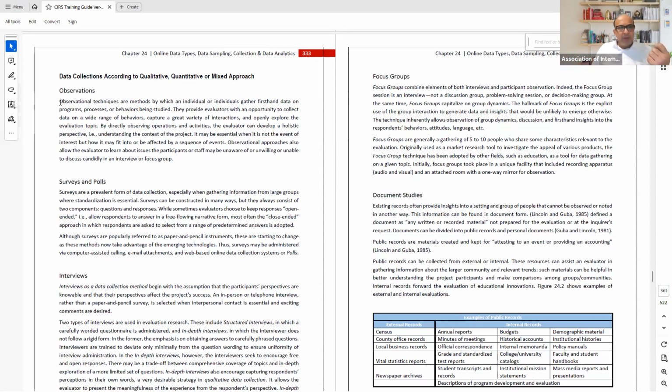Now, observation, and by the way, with all these different methods, you would have to do your own planning to see what could be the most appropriate method that you would like to adopt, given the objective of research and given the sample that is available or not easily obtainable, and based on the nature of information you want to collect.